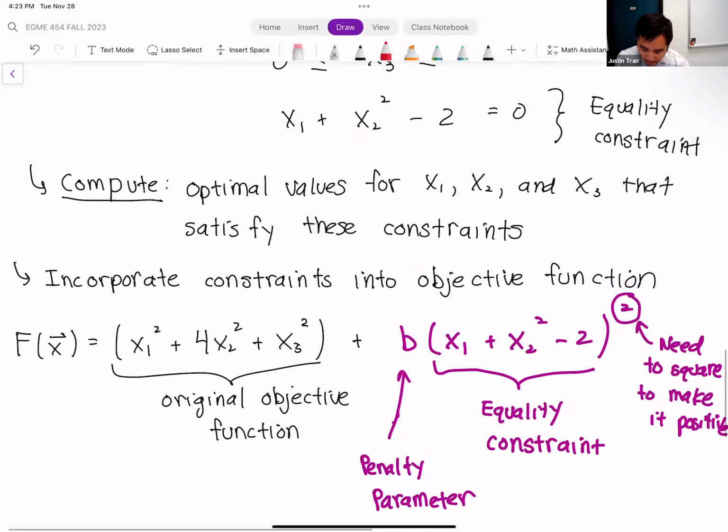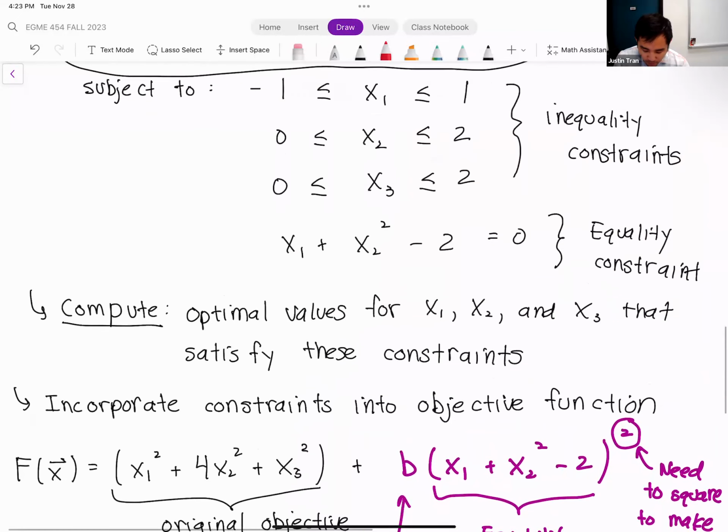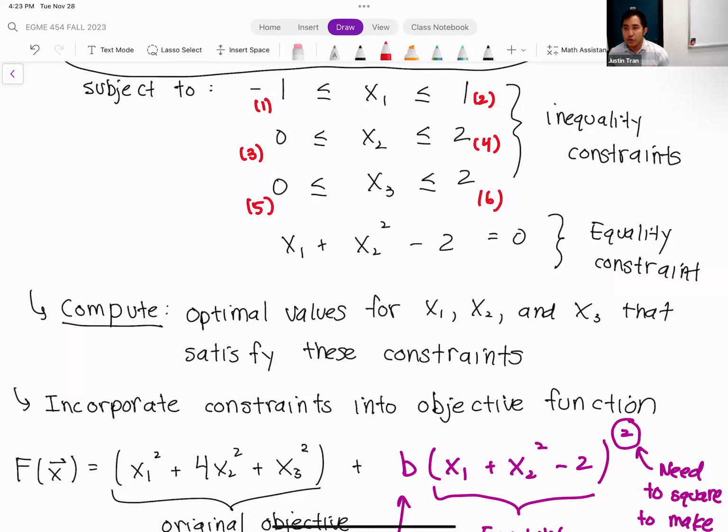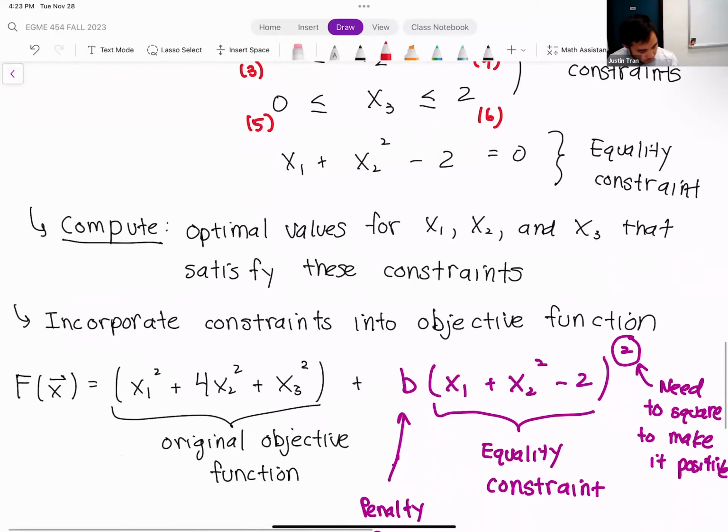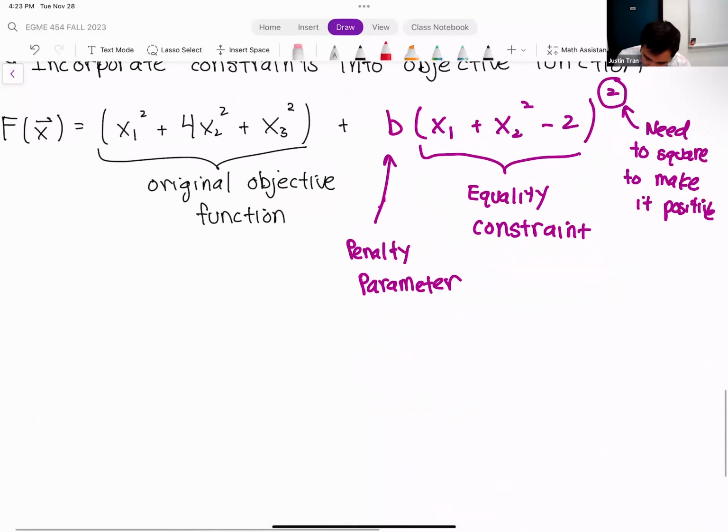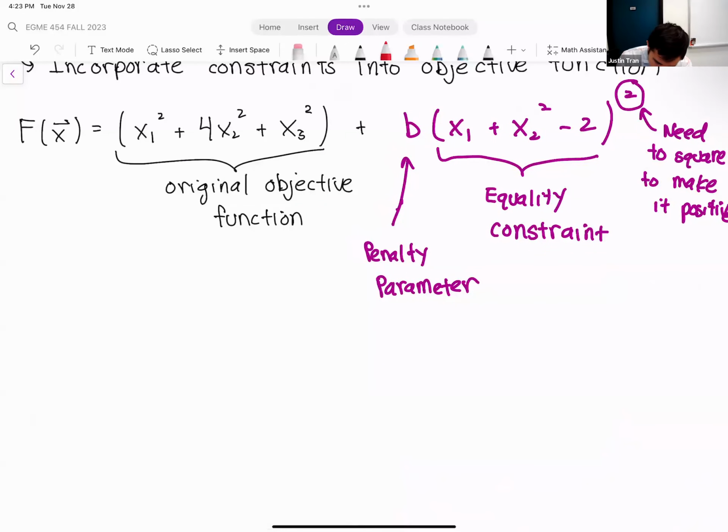Now we have all of our inequality constraints. If you remember from before Thanksgiving, when we have upper and lower bounds, each upper and lower bound respectively counts as one inequality constraint. So technically speaking, we have 6 inequality constraints in this problem, one for each of the upper and lower bounds for each variable. But this is where things get a little bit messy.